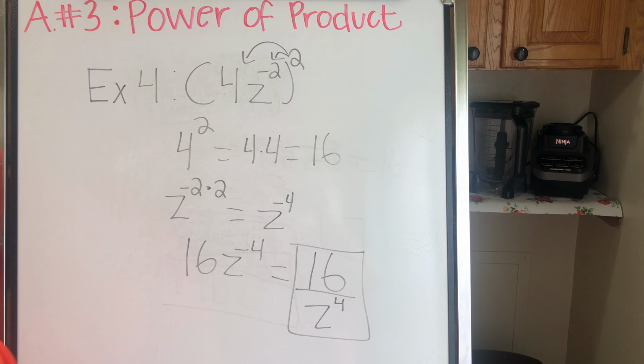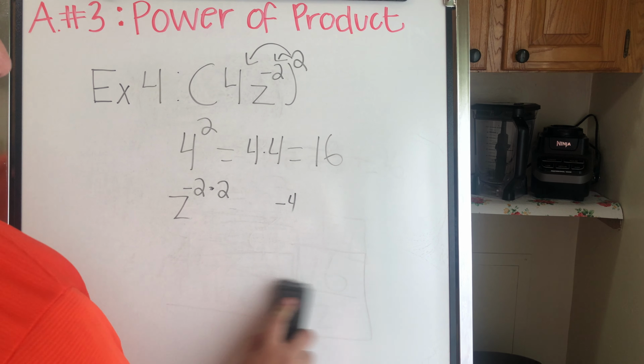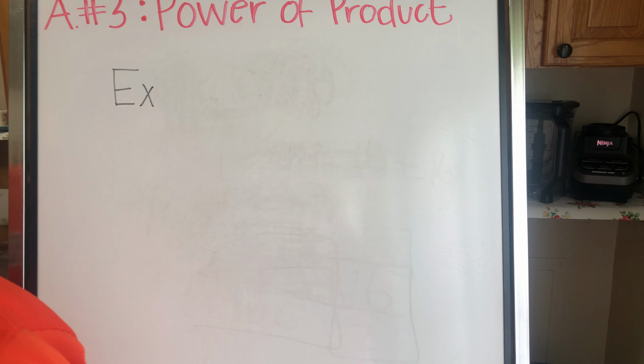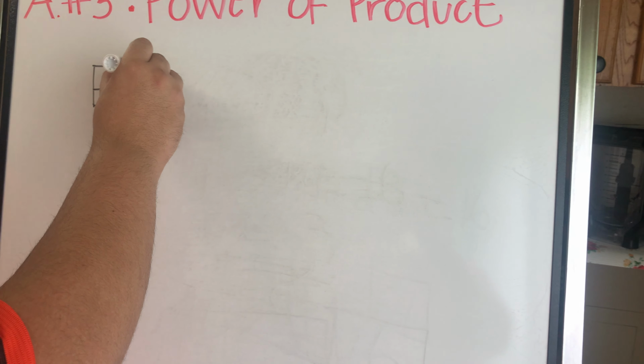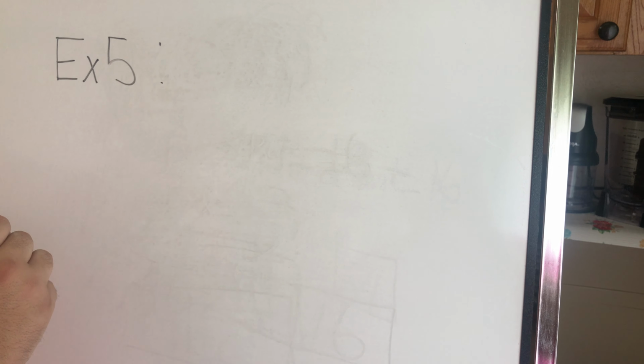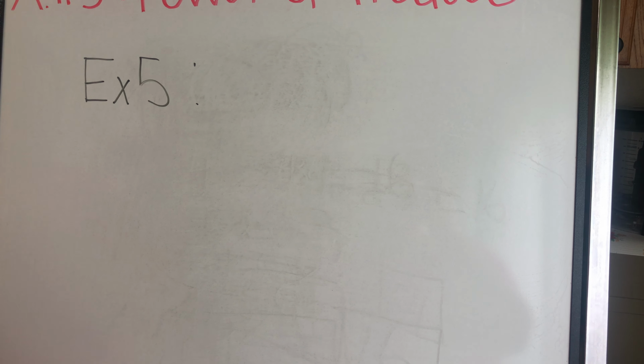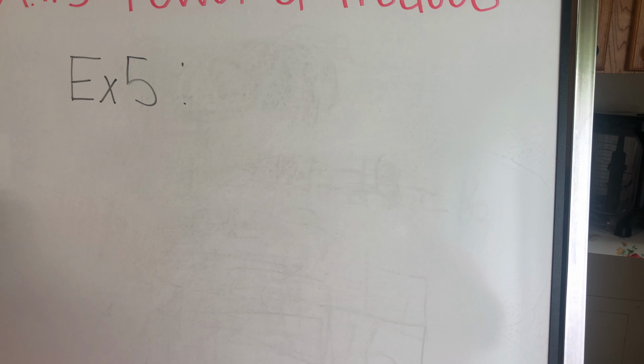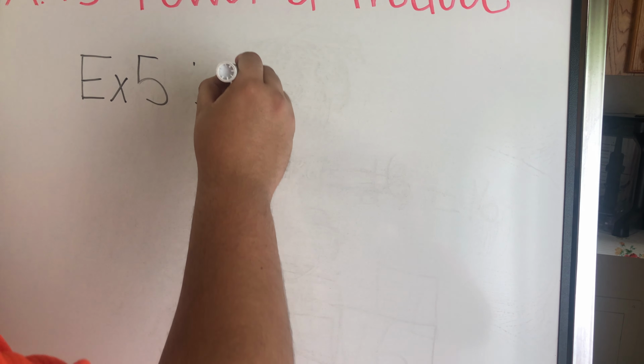Now let's do the last example problem, and that will complete today's video. Example problem number 5. Let me go ahead and flip my notes. Say we have a coefficient that is negative at the beginning.